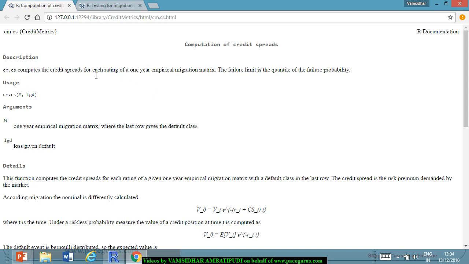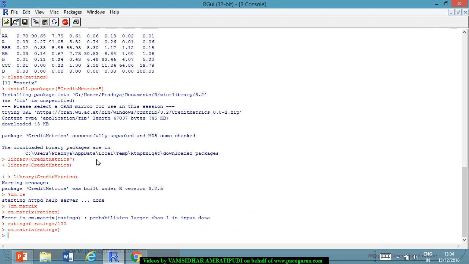It computes the credit spread for each rating given a migration matrix. The failure limit is the quantile of the failure probability. So all I need to give is cm.cs, the matrix M, and LGD, the loss given default, is also something that I have to give. We can assume some kind of loss, let's say 50% loss and 50% could be recovered.